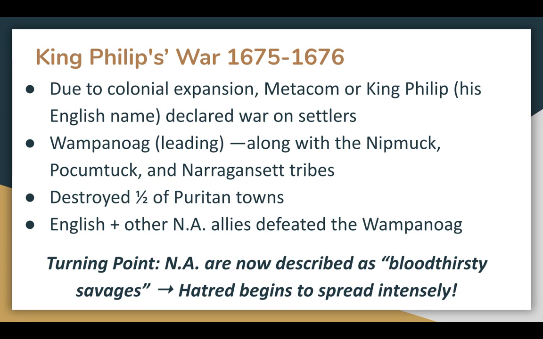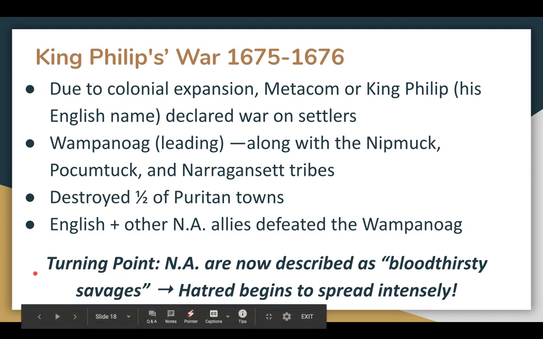Some Native Americans from the get-go were skeptical and fearful, but some were extending friendship to English colonists. And likewise, some English colonists were seeking friendship, but that was rare. Most English colonists were here to claim their land, to colonize it, and to expand. And if Native Americans weren't cooperating, then they would get angry. So this war is one of the first wars where Native Americans fight back.